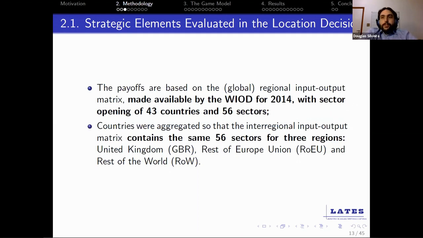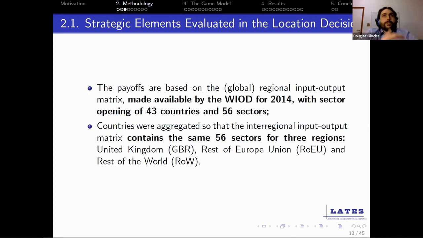And as I told you before, the payoff structure of the game will guide them through this equilibrium. The payoffs are based on the global regional input-output matrix, made available by the World Input-Output Database for the year 2014, with 33 countries and 56 sectors of economic activity.